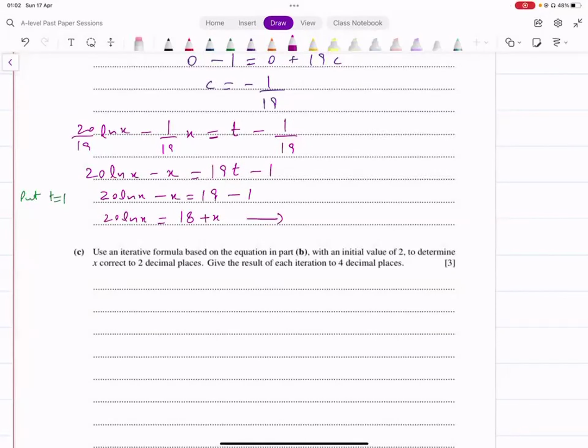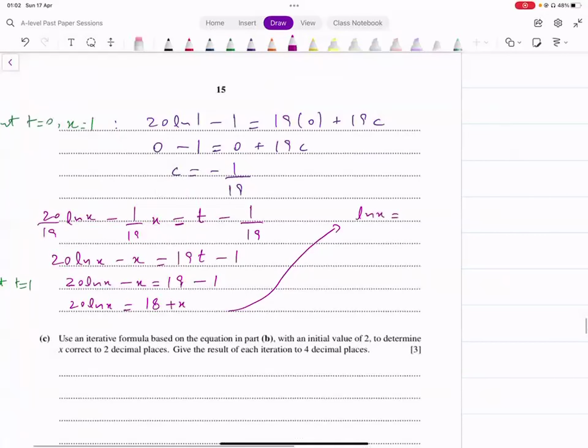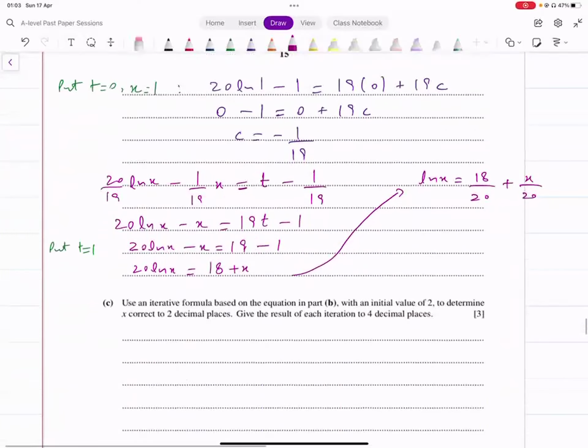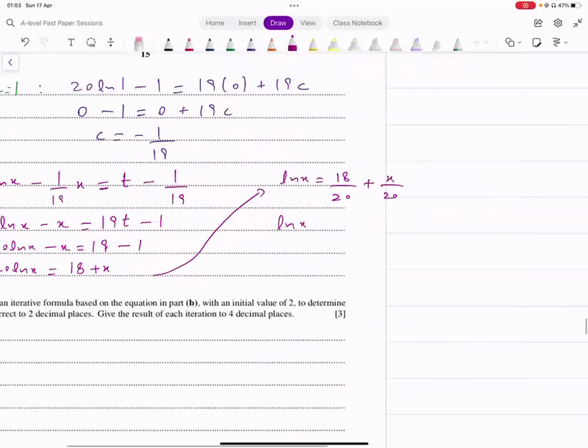Now this gives us ln x equals 18 over 20 plus x over 20. अब उसने ऊपर decimals में रखा हुआ है, अब इसको अगर decimals में लिख दो, this basically becomes ln x equals 0.9 plus 0.05x.